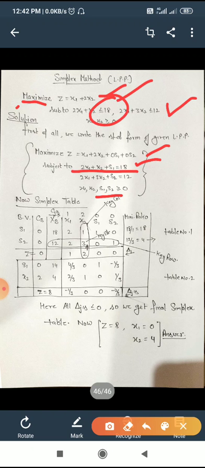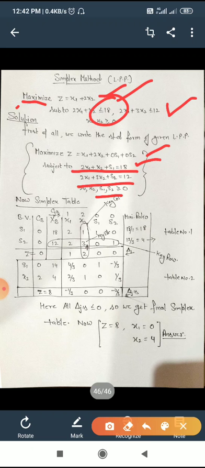In the second inequation, x1 + 3x2 + s2, the second slack variable, we introduce in the second restriction, and this is equal to 12. If there are any other restrictions given, then we add a third slack variable s3, but there are only two restrictions, so we introduce s1 and s2.